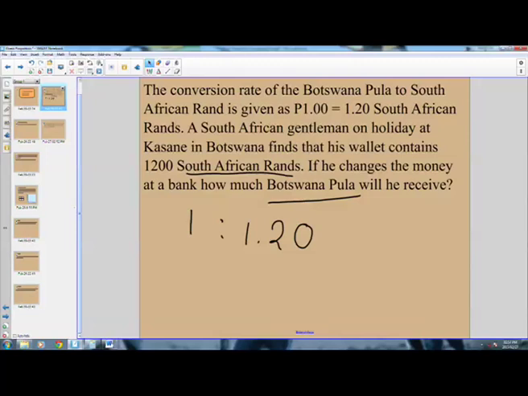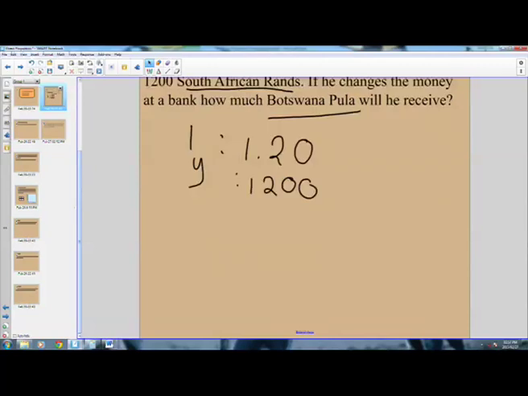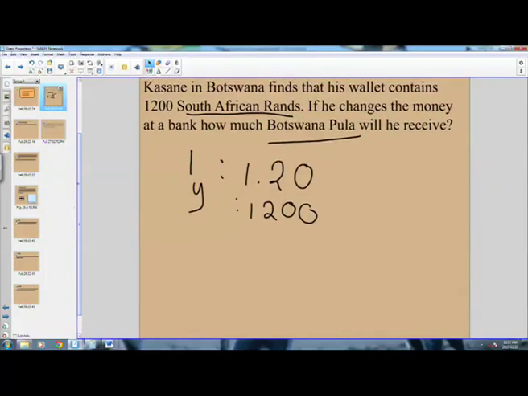Then it says 1,200 South African rands is equal to how many Botswana pula? Now, the South African rands should be under the South African rands, so this will be 1,200 is to the variable. Let us use variable y. It doesn't matter, variable y. Right. Now, we need to find out what this y is.